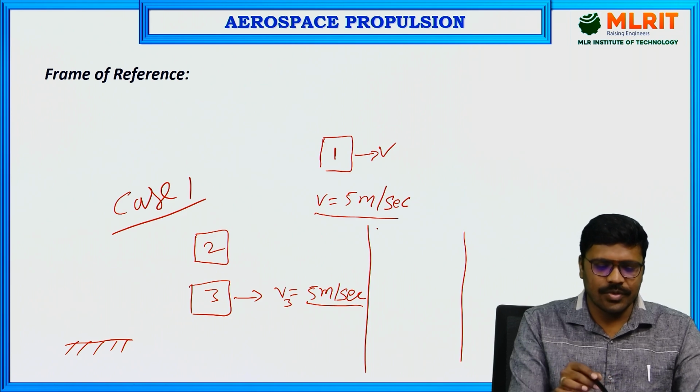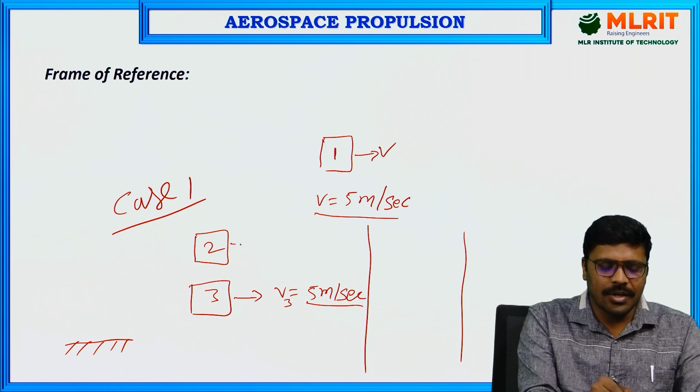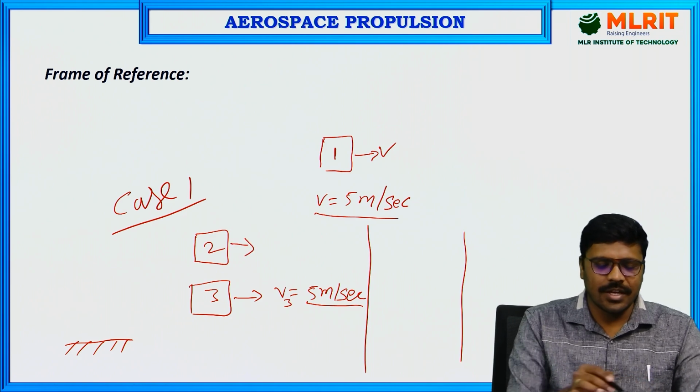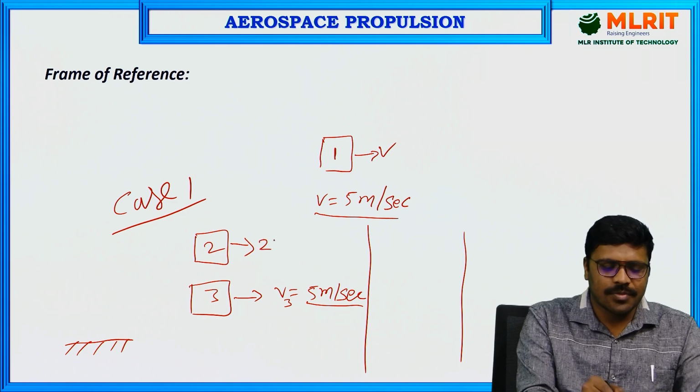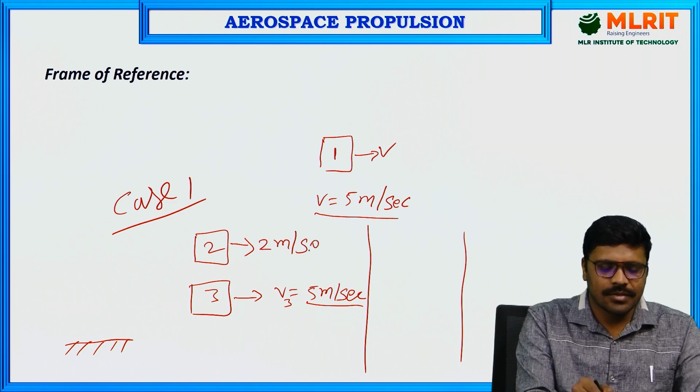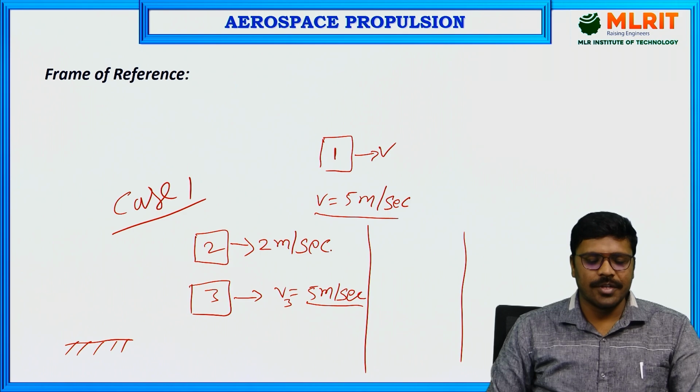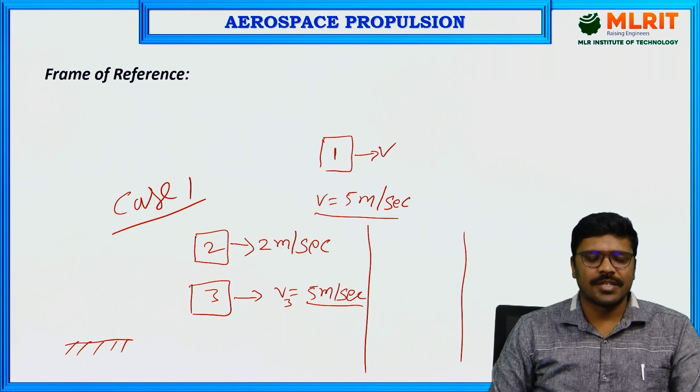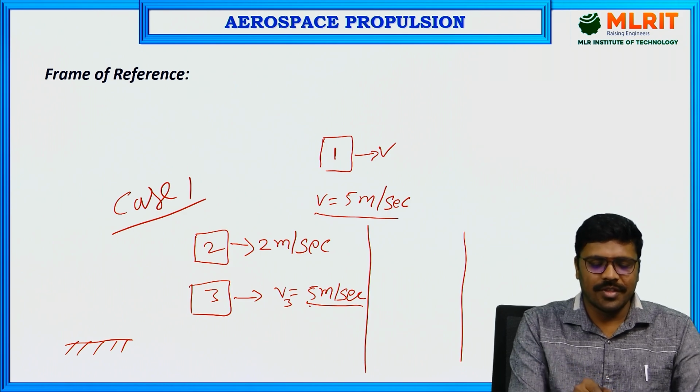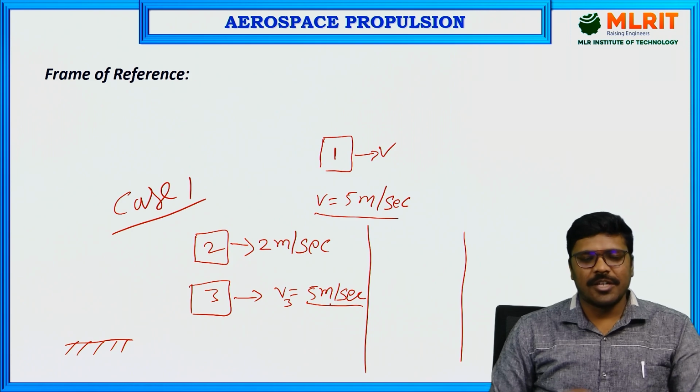In case 2, body 2 is also moving with some velocity, 2 meters per second, and body 3 is moving with the same velocity, 5 meters per second.